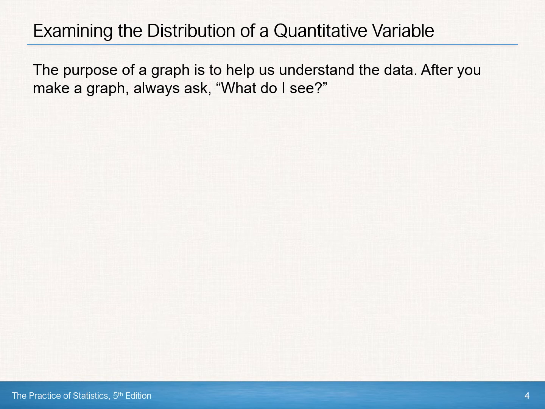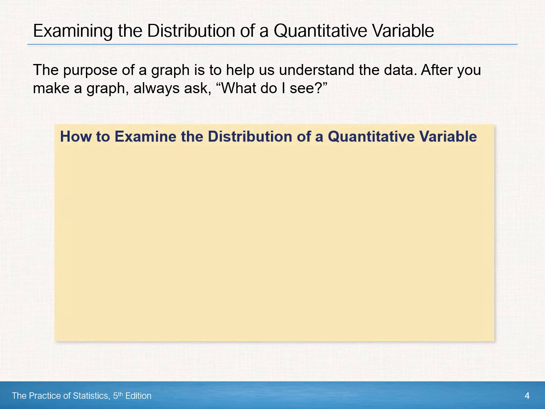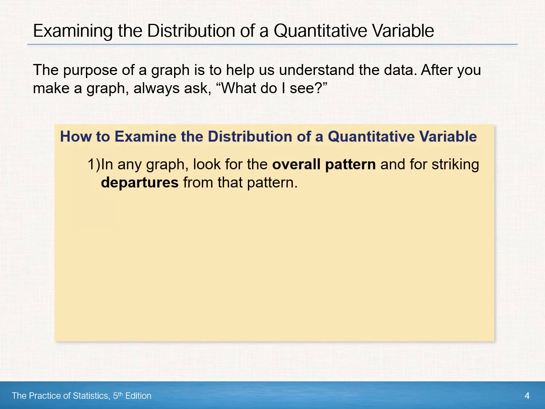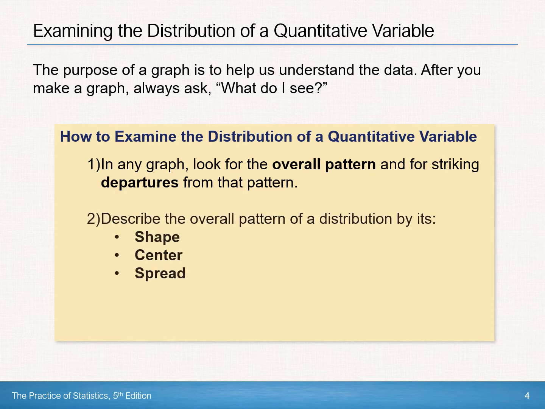Data is very difficult to summarize by just looking at a list of numbers. So a graph helps us understand the data better in a very quick way. Some things that you can look at when you're trying to analyze the data in a graph is looking for an overall pattern, any departures from that pattern, and looking at things like the shape of it, where's the center, and how big or small is the spread.